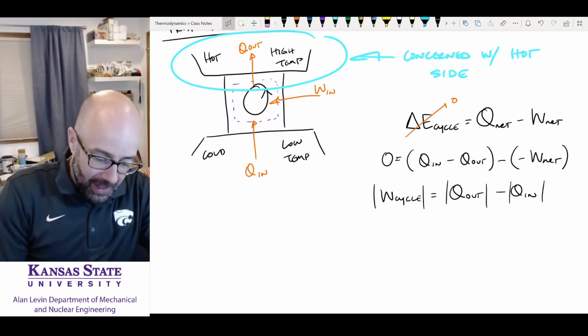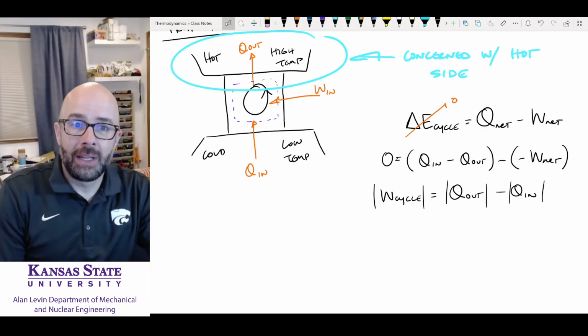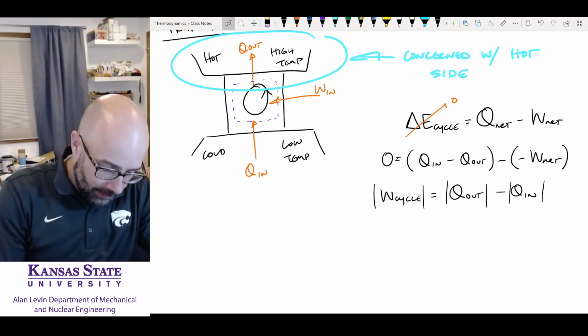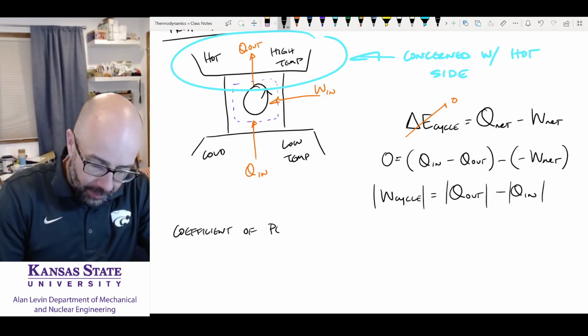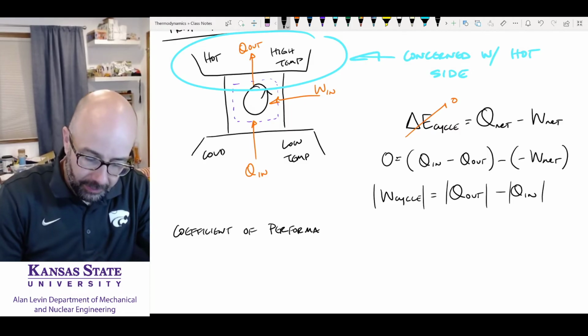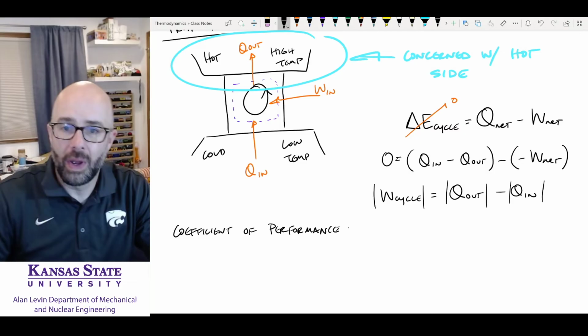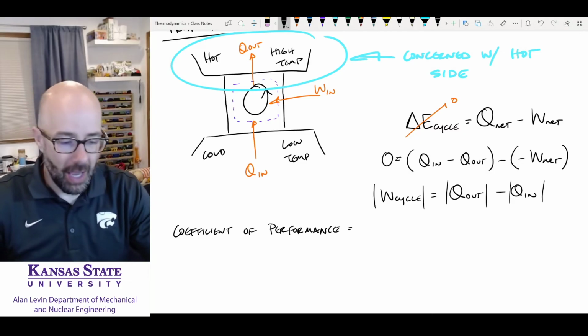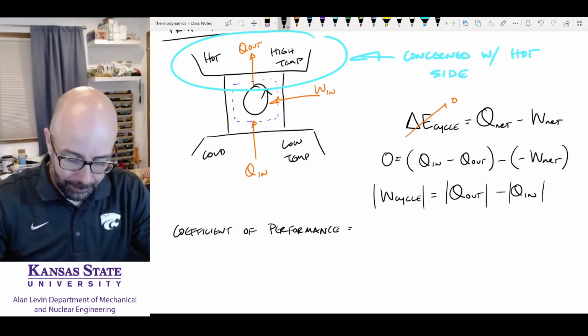All right, so we're going to be calculating the coefficient of performance, but it's not going to be the same coefficient of performance as we had with our refrigeration cycles. So we're going to call it gamma.